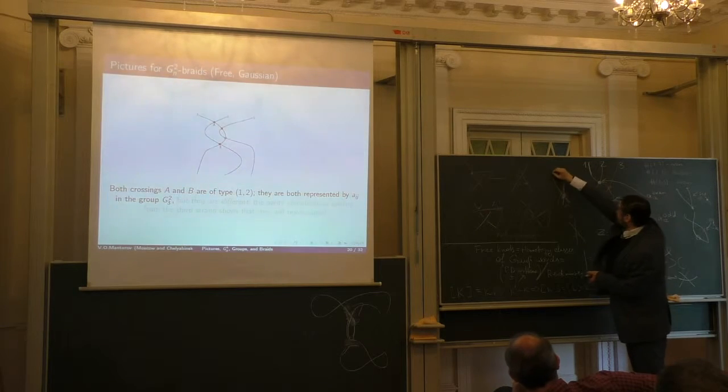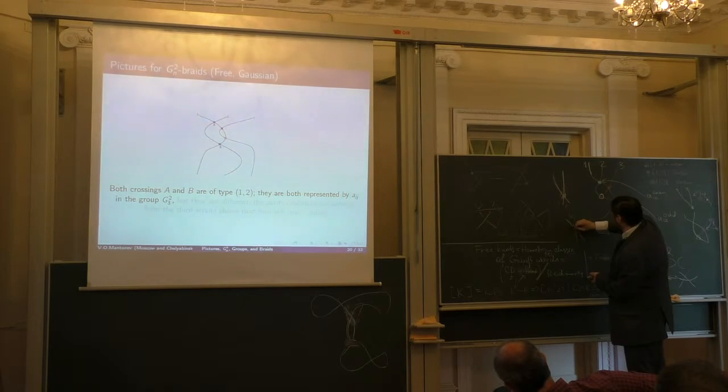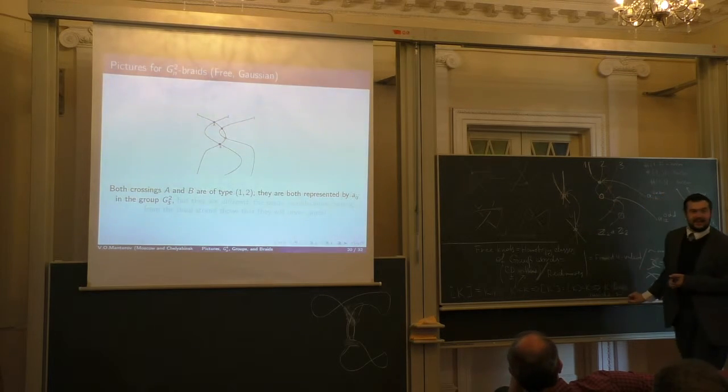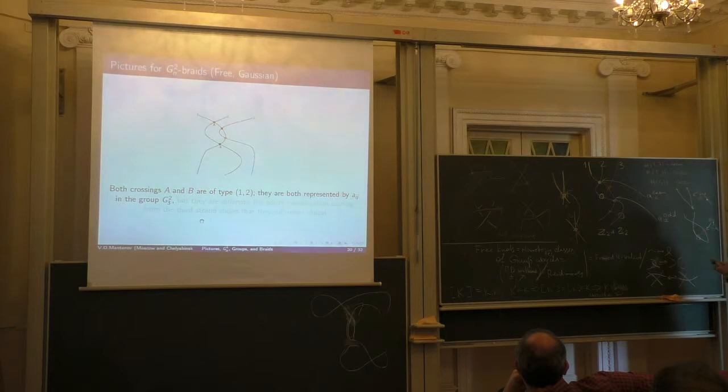So here and here, they have the same parity. This means that whatever I do with this crossing, it will never get cancelled with that crossing.